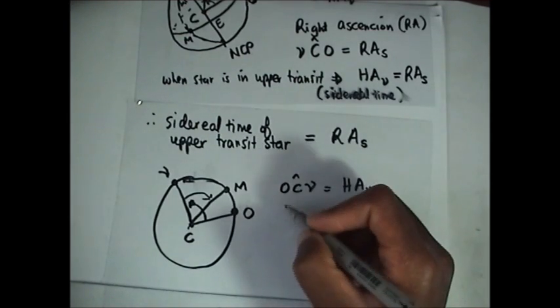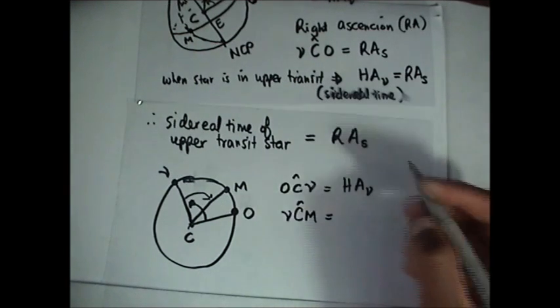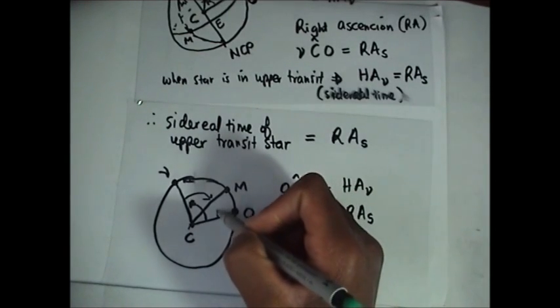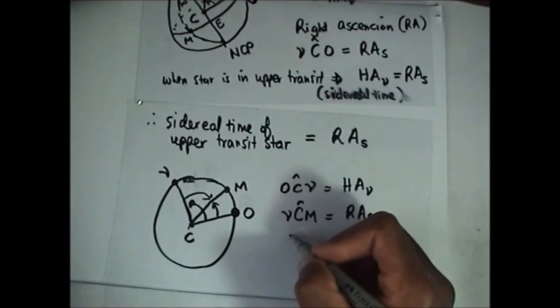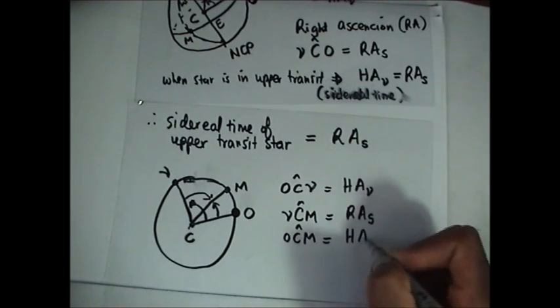As we talked about in other videos, VCM will be equal to the right ascension of the star. And this one, OCM, is measured from O, so it's the hour angle of the star. OCM is equal to the hour angle of the star.